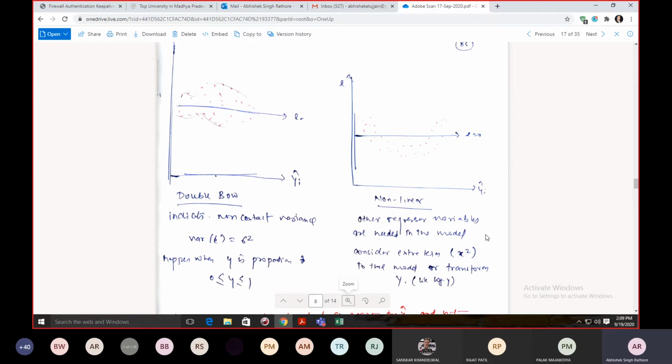When we are including the x square term, it means that we are going for a quadratic form. But we have an initial assumption that our model is a linear model. So when we are adding x square, it means that you are going for a quadratic model. So we have to convert our model from quadratic to linear. We can transform our model.